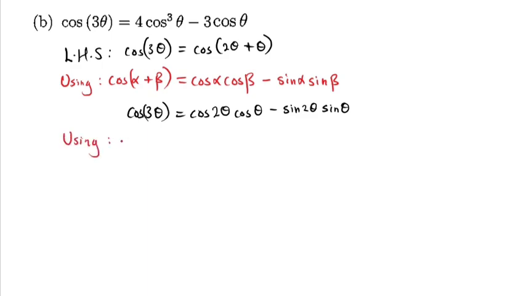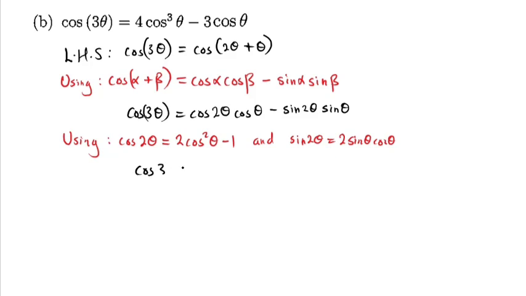For cos 2 theta, the identity we're going to use is 2 cos squared theta minus 1. That's a double angle identity for cos. And for sine, sine 2 theta is equal to 2 sine theta cos theta. So these are the identities we're using. Let's substitute.